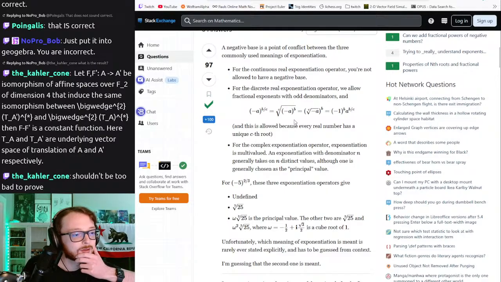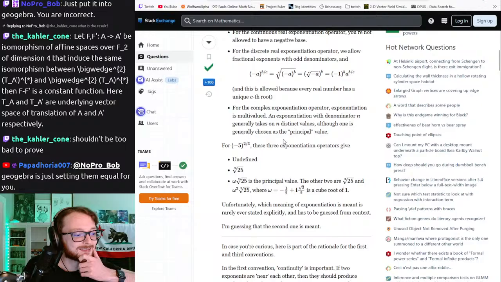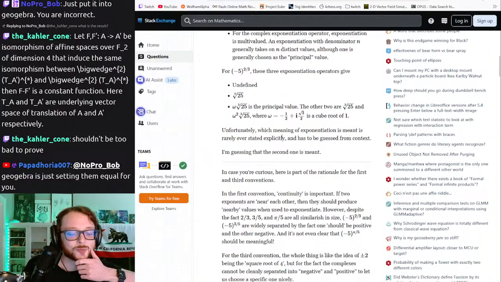That does seem like an obscure result in linear algebra. Papadori is saying GeoGebra just sets them equal for you. I wonder if GeoGebra always takes a certain definition.